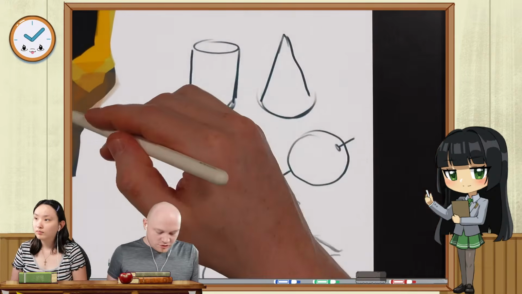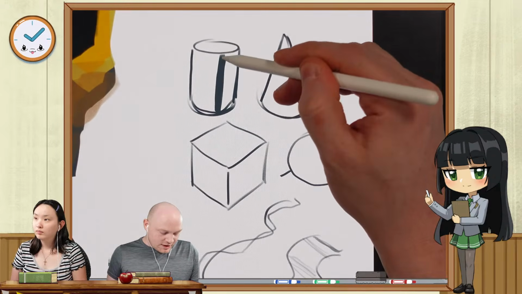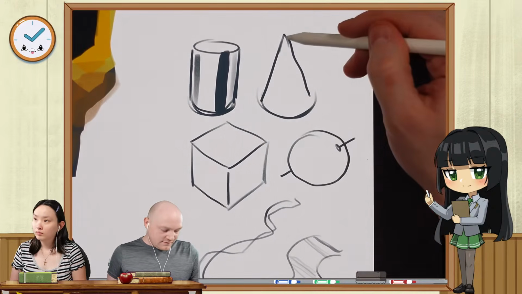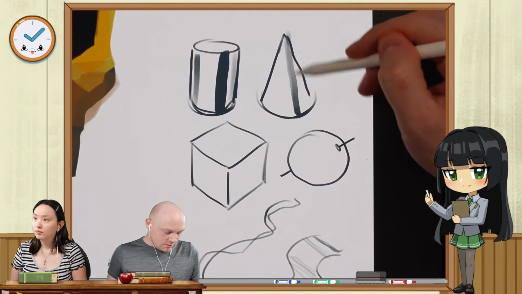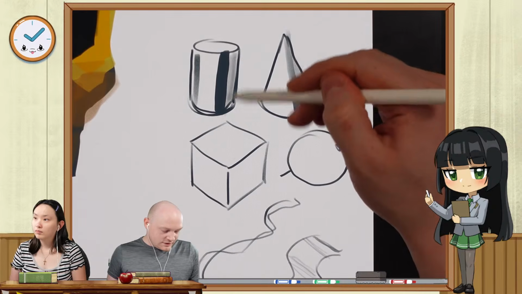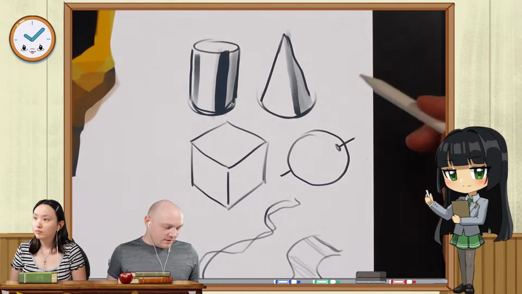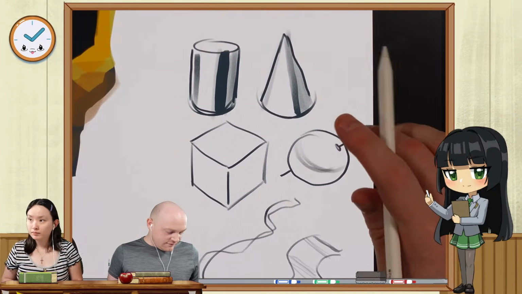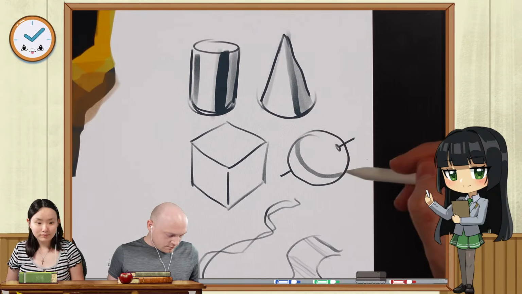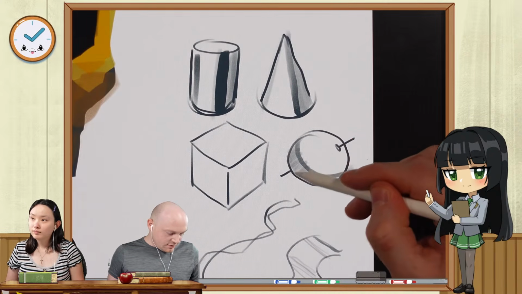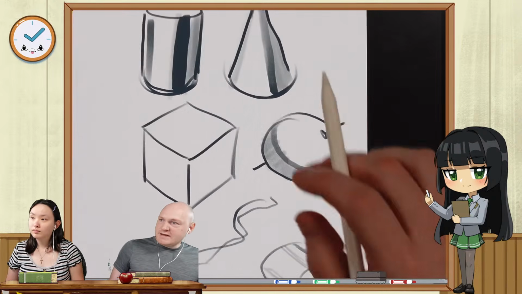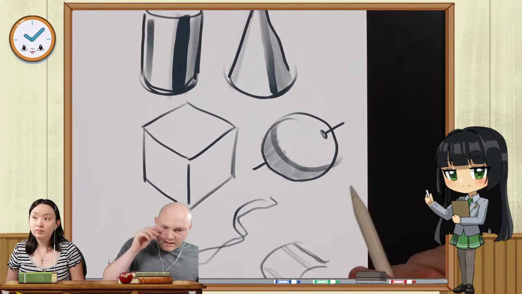Where are the core shadows? Learn the basics of light side and dark side, core shadows. Where's the core shadow on a sphere? Light side, dark side. Blending is just a fancy way to integrate the light and the dark side.